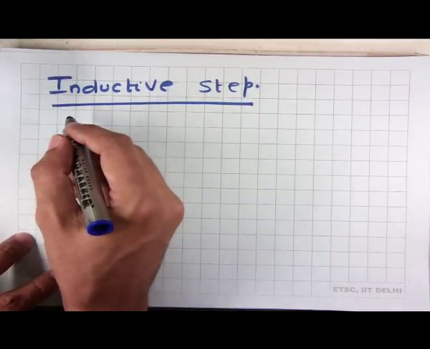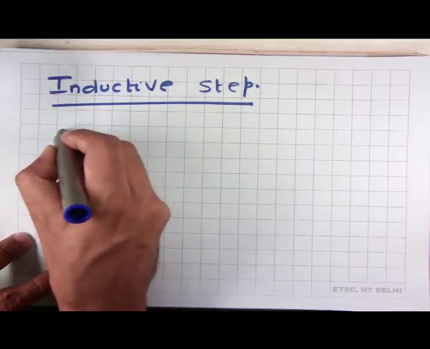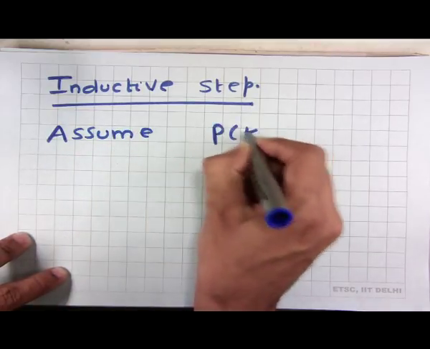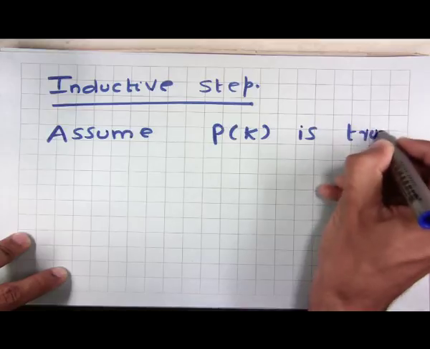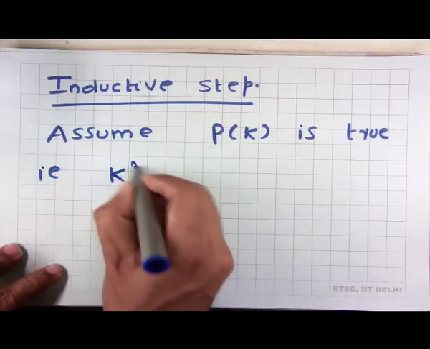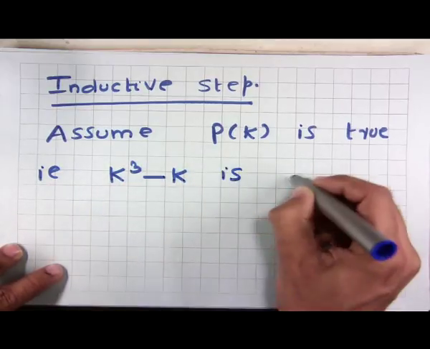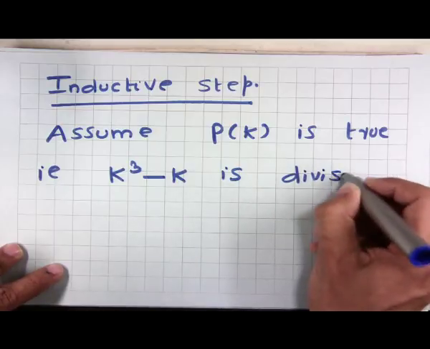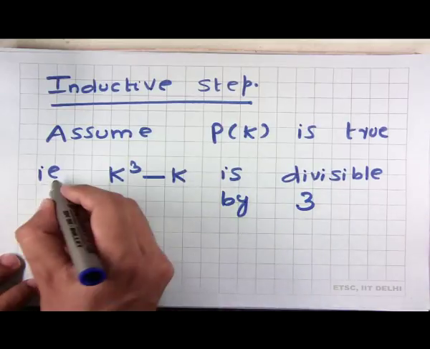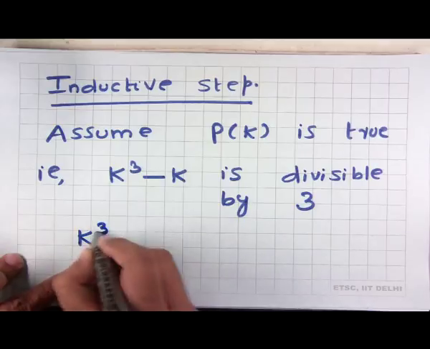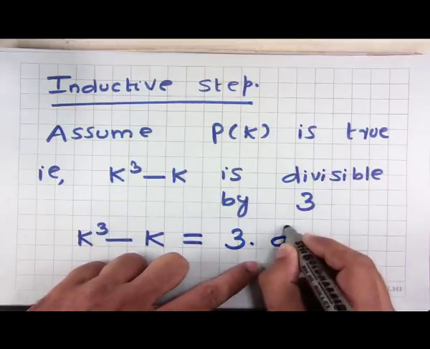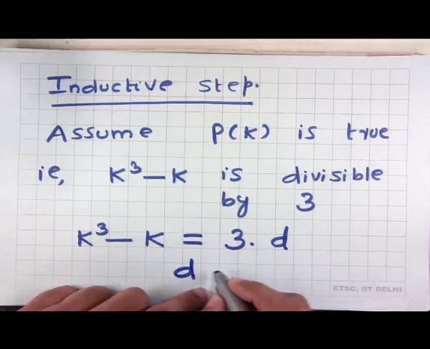The induction hypothesis in this case is the following. Assume P of k is true, that is k cube minus k is divisible by 3, or you can say k cube minus k is equal to 3 into some d, where d is a natural number.